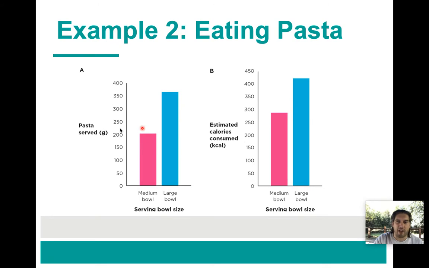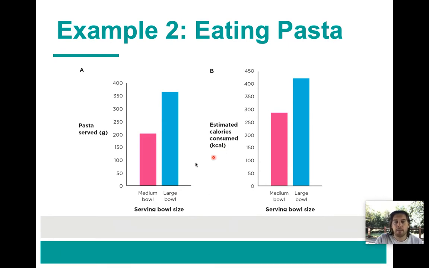We have a couple of variables here: how much pasta people serve themselves, like how much they actually take out of the serving platter and put into their bowl, and then how much they consumed, right? The experimenters were able to do this by taking the plates, and in the back room, they were measuring the amount of pasta afterwards. So they had ways of determining how much specifically was actually eaten.